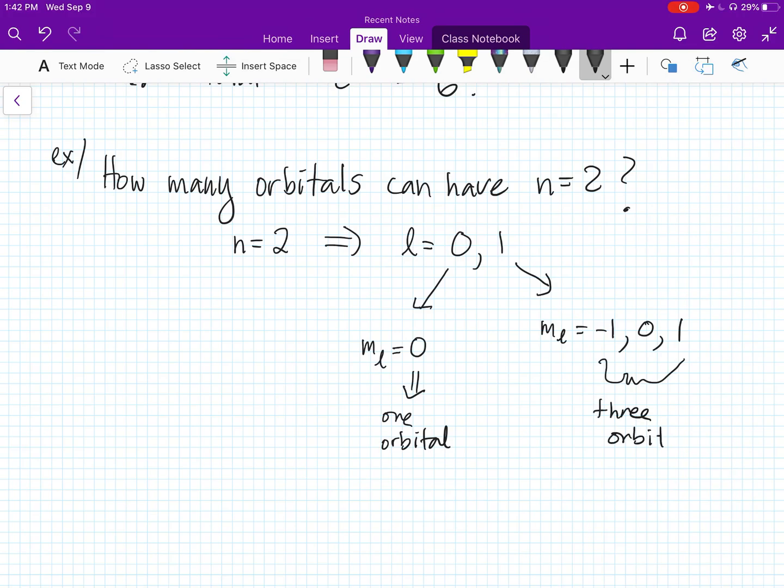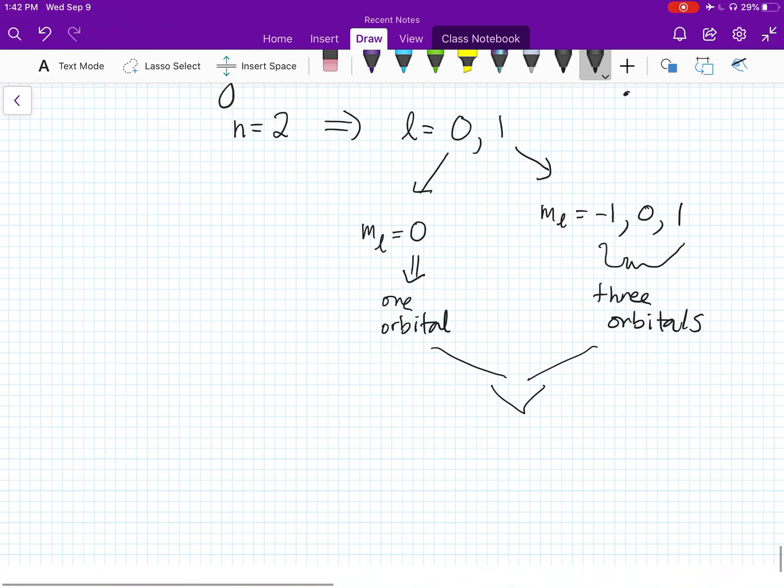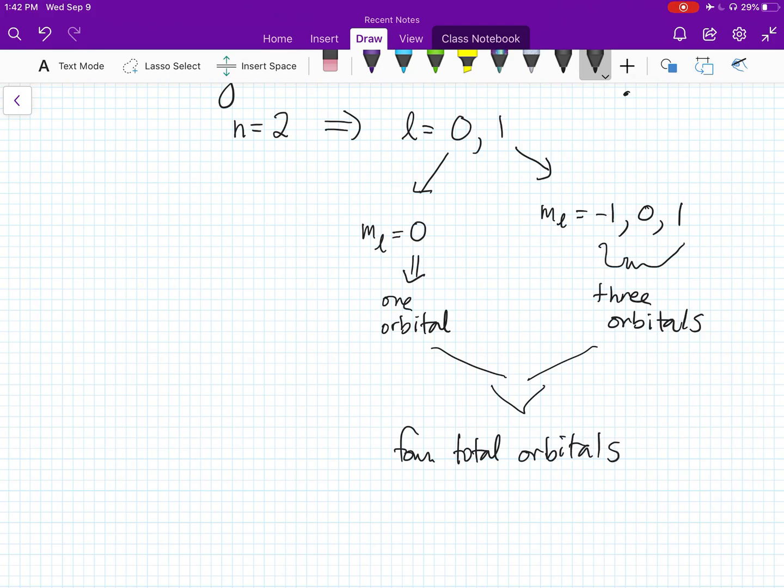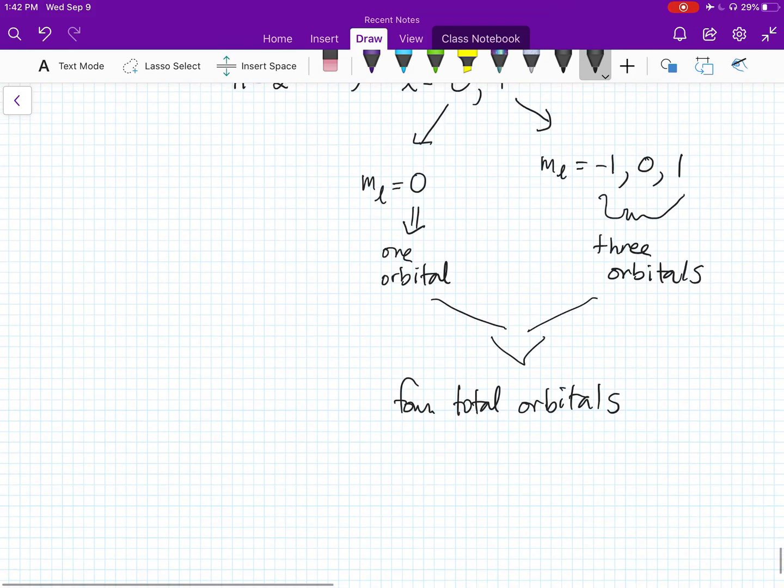If I add those together, I get 4 total orbitals. And that makes sense for n equals 2 because we have the 2s orbital, the 2px, 2py, and 2pz.